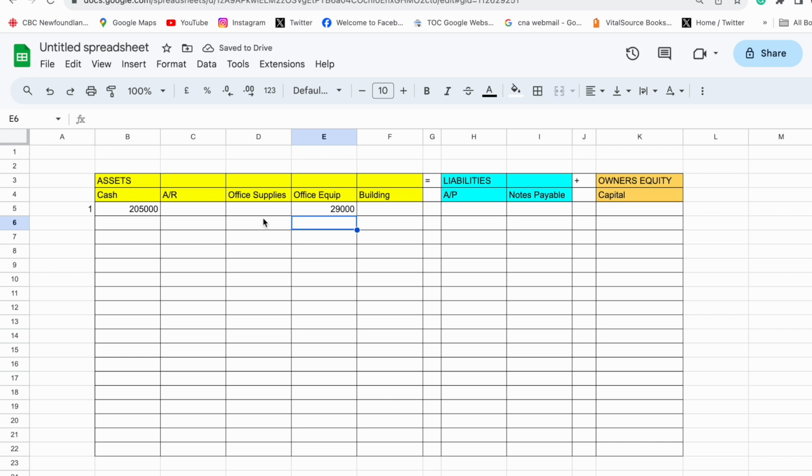Now, here's the asset he put in. What's the corresponding amount in liabilities or owner's equity that would affect it? In this particular instance, he is investing this, and this contributes to his owner's equity. So the total owner's equity then would be $234,000. If we added these two together, you would see it comes to $234,000. Okay. Now that's his first one.